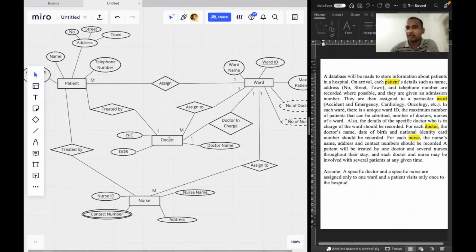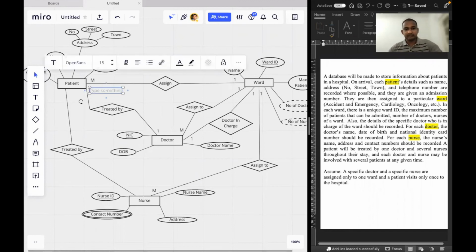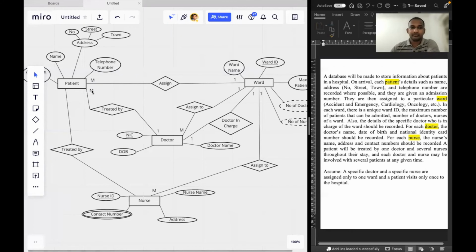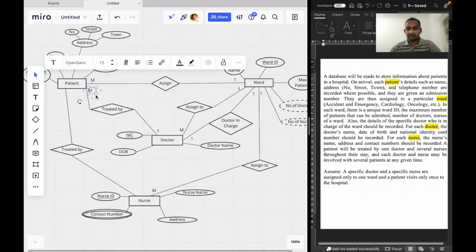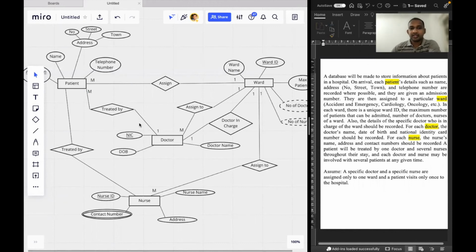If you take one doctor, there can be many patients. So here you can use the many. One doctor treats many patients. If you take one patient, is treated by only one doctor. Here also a many to one relationship is available.